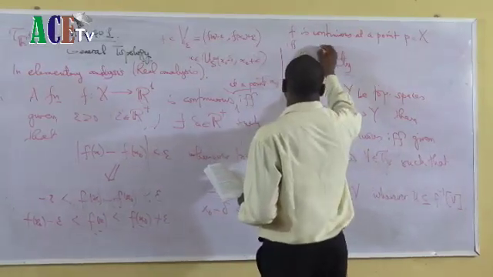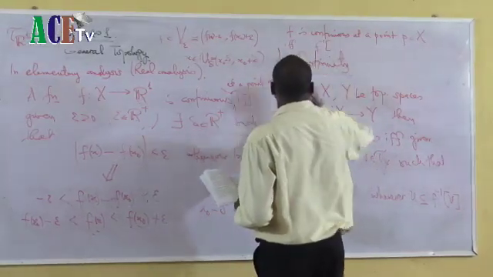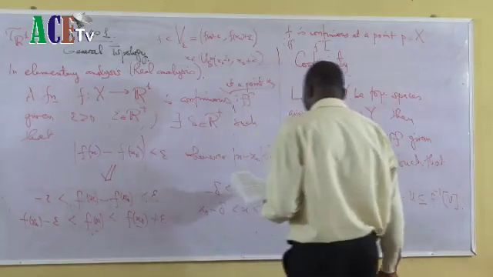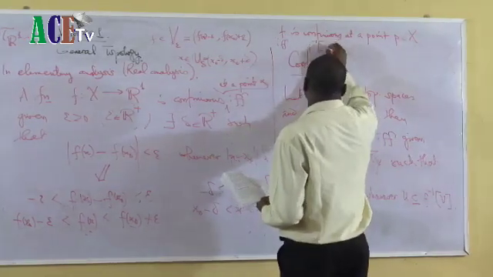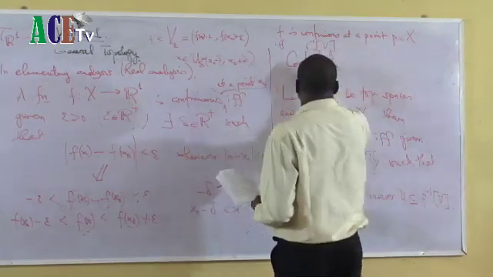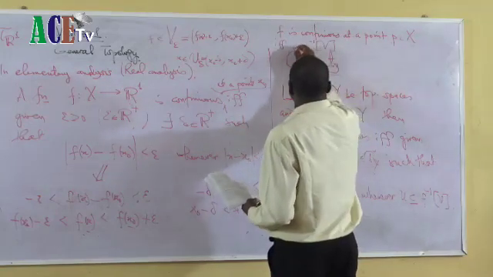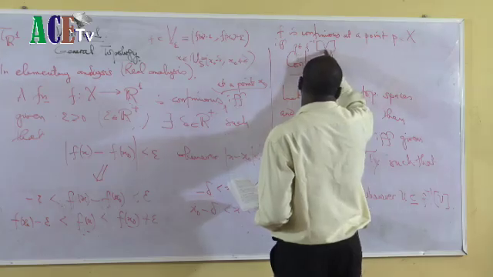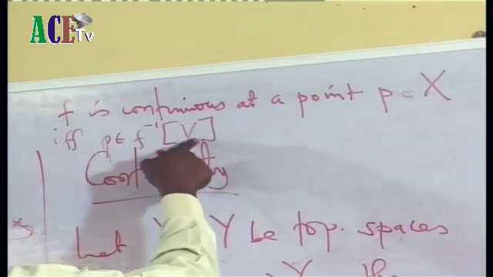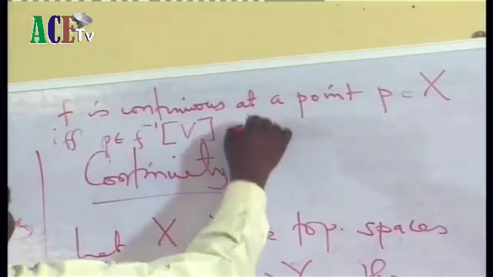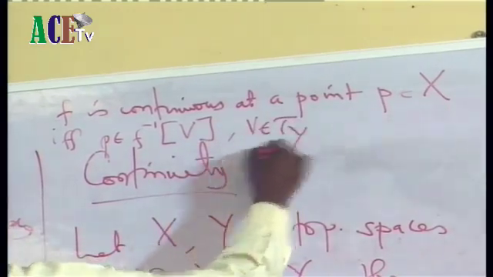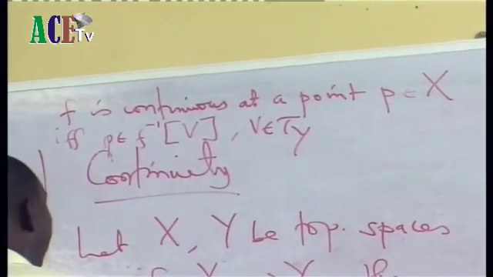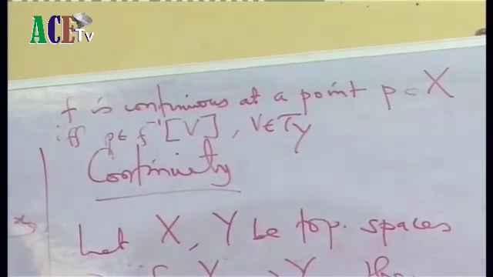the inverse of every open set V containing f(P), that is, P belongs to the inverse map of every open set V where V belongs to tau Y. Okay.